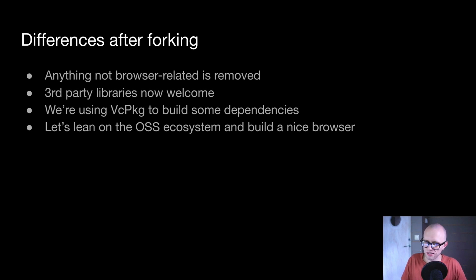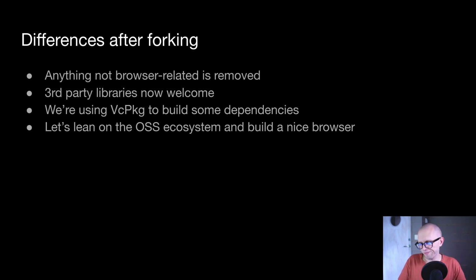We've also relaxed the policy on third-party code. Serenity OS famously does not allow any third-party code. And in Ladybird, we now allow third-party libraries. So a lot of work this month has gone into just taking mature third-party libraries from the open source ecosystem and bringing them into Ladybird to enhance our functionality and get rid of our own implementations of these things.